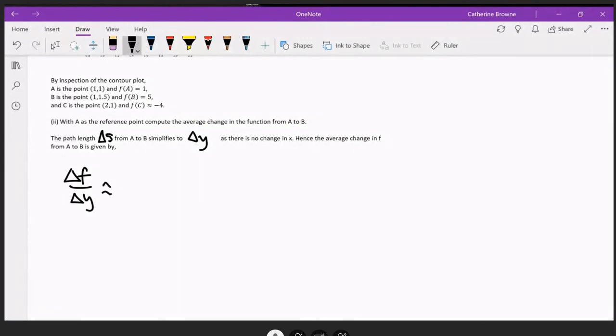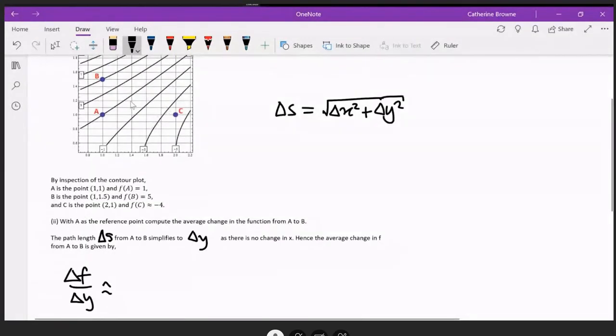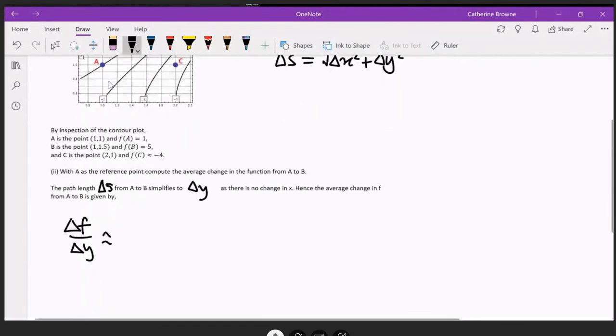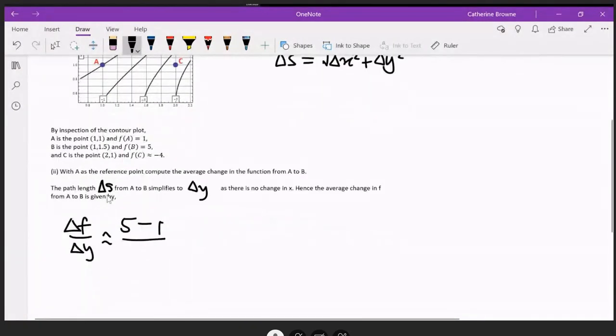So this time the function value at B is 5 minus the function value at A, which is still 1, and then it's over the change in y. So the y value at B is 1.5 and the y value at A is 1.